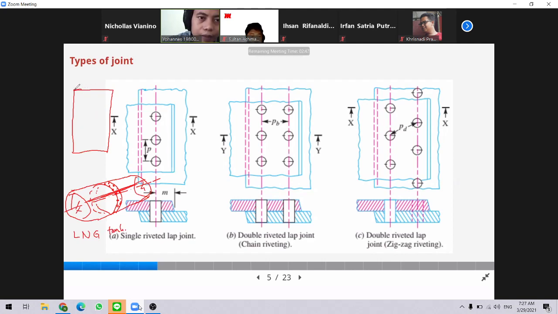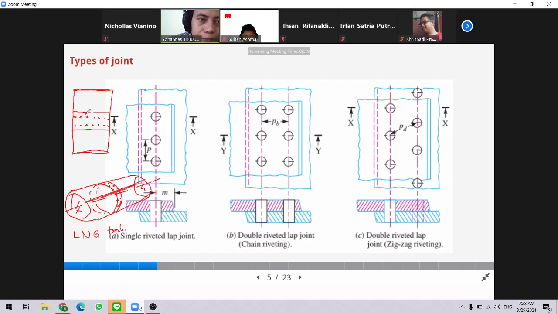So this is the cutting line. Here we open up, and here we have the rivet joint around this. And this is the overlap area.